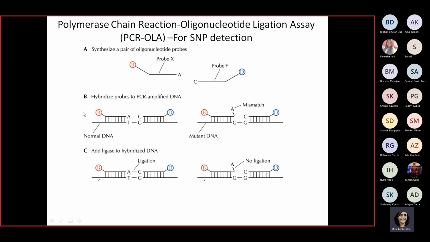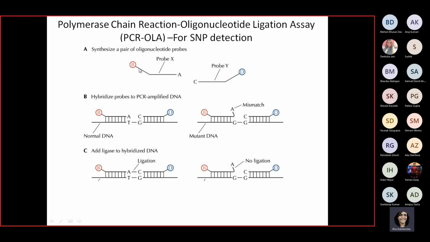So let's say that in a normal or wild type allele, you have T at this position, while in case of the mutated DNA, you have a G at this position. Now I somehow have to identify whether a mutant is present or a normal allele is present. So what they have done is that for this particular region, they have designed 2 probes.